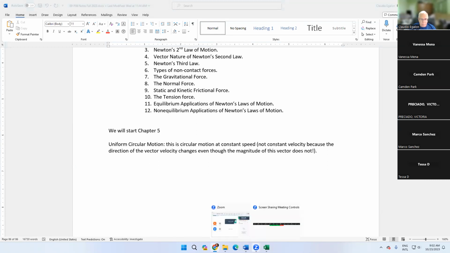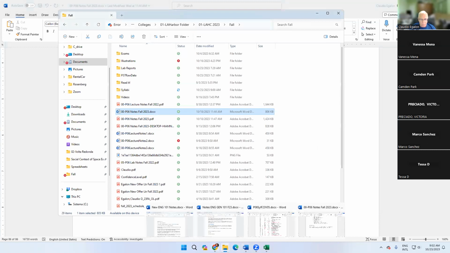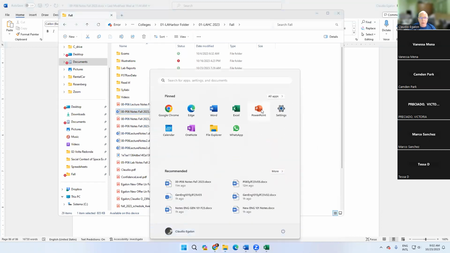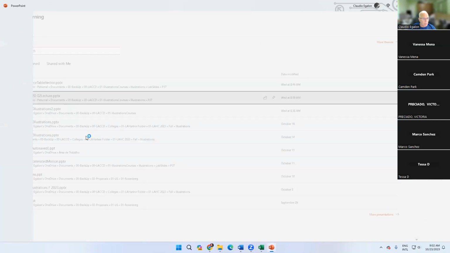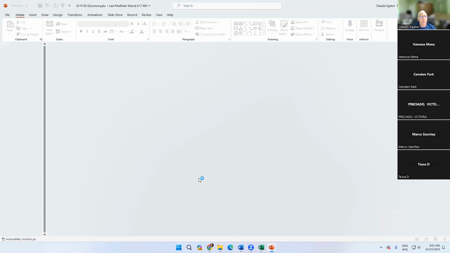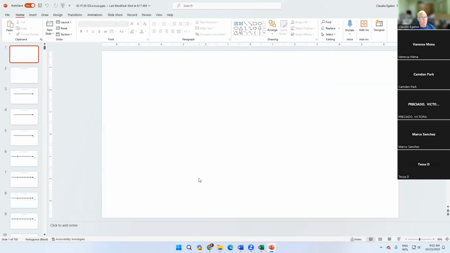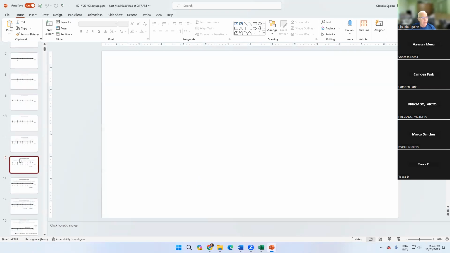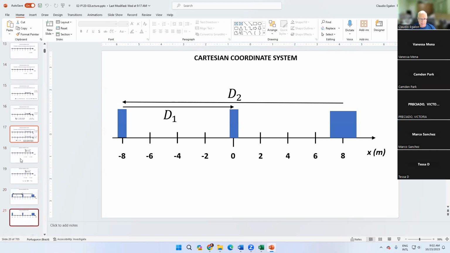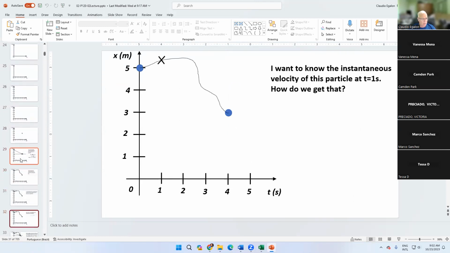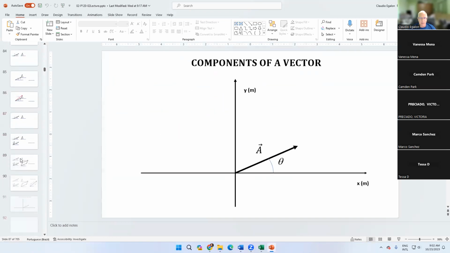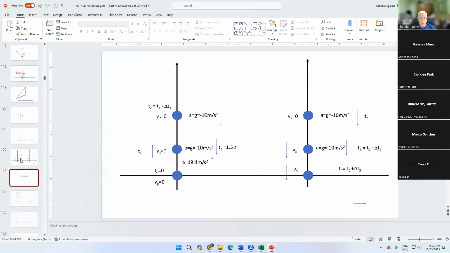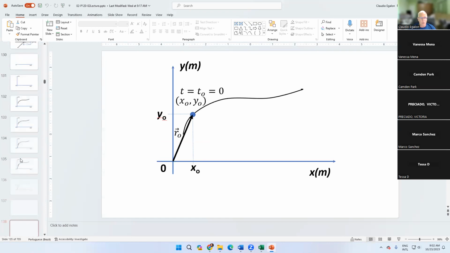Okay, so let me show you an illustration of a circular motion. Let's see this one here, if it's a good one. I like this one that has better illustrations. Took me some time to find it. Okay, and 1D motion.